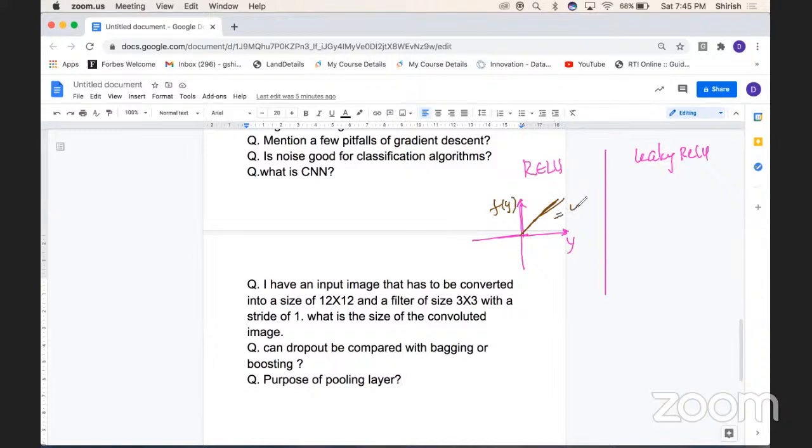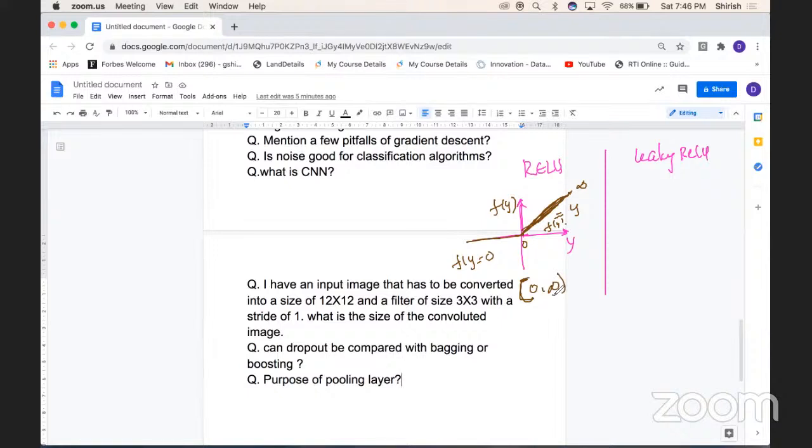So f of y is equal to y here. f of y is equal to 0 here. It means that the range is from 0. You don't know what could be the y, it could be anything, infinity. So you're writing this bracket, it means that it includes 0 and you don't know what would be the value.